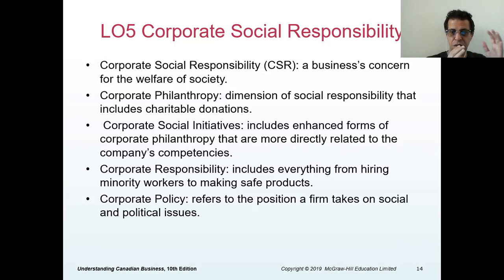These are different things. And then you have corporate policies, which refers to the position a firm takes on social and political issues too. These days, it becomes more publicized, very iconized, your social and political attitude toward some cases in the world.